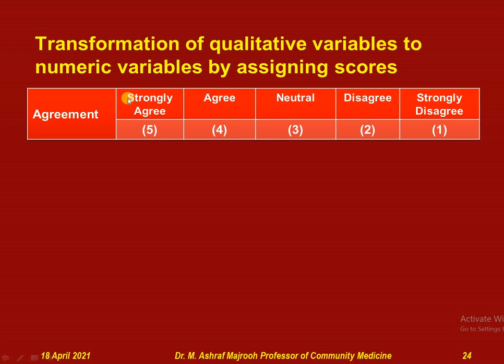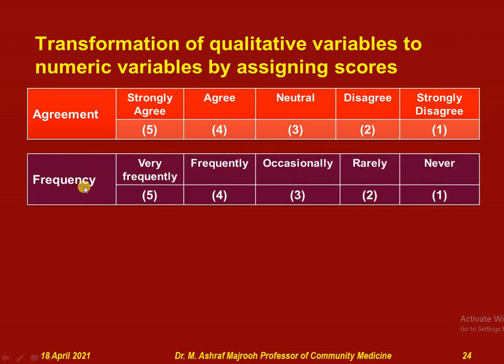So this is the subjective scale. The responses are taken subjectively from the population and then they are subjected to numeric scoring. Strongly agree 5 score, agree 4 and neutral 3 and disagree 2 and similarly strongly disagree 1.